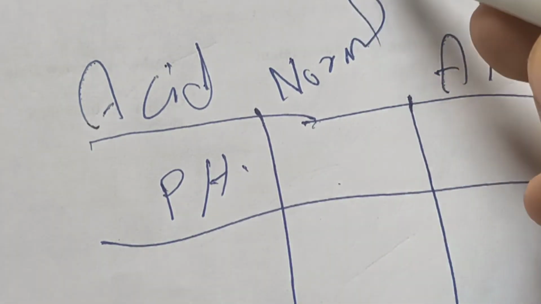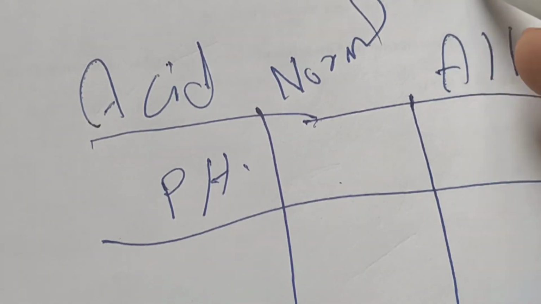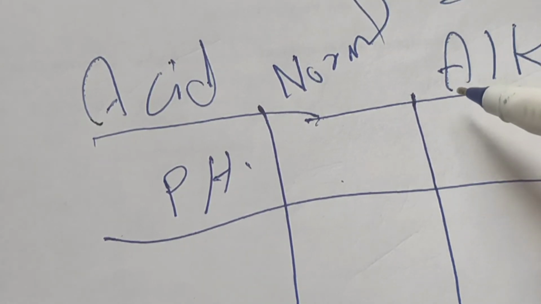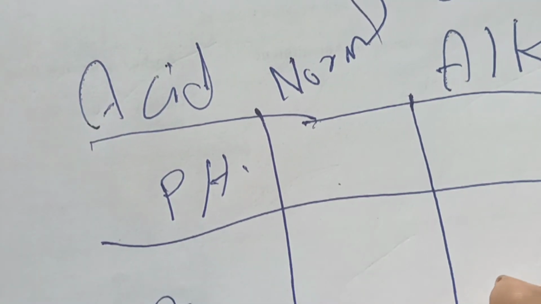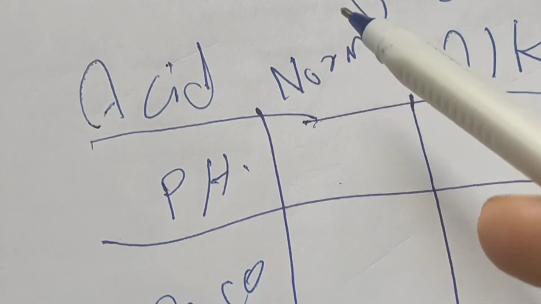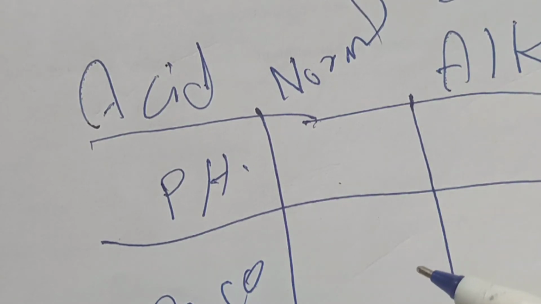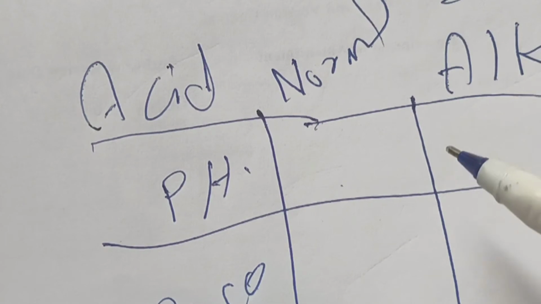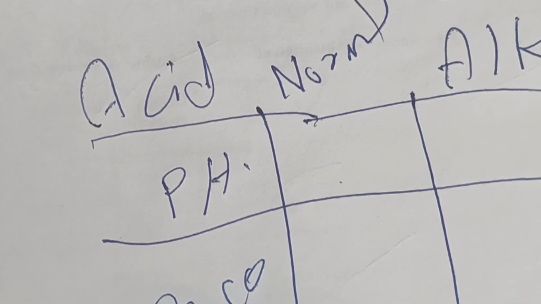It will combine with hydrogen and form carbonic acid, H2CO3. So more PaCO2 means more acidic. So PaCO2 goes right here. Bicarbonate is 30, so it will come under alkalotic. Write it here.